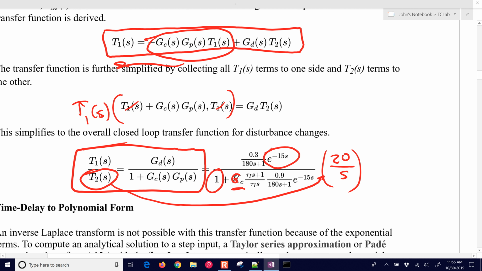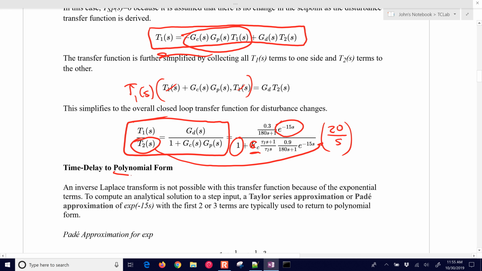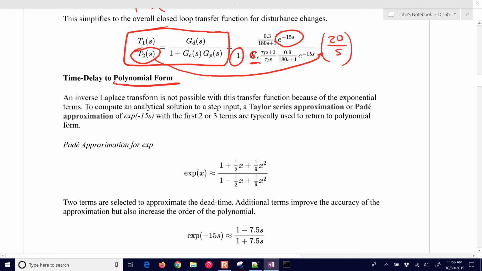So I need to make an approximation to that. There's a couple different ways that you could approximate these to get that back to polynomial form so we can get our analytical solution. One is a Padé approximation, and this has a number of additional terms that continue on. You can look at the article on the Padé approximation for the exponential function.